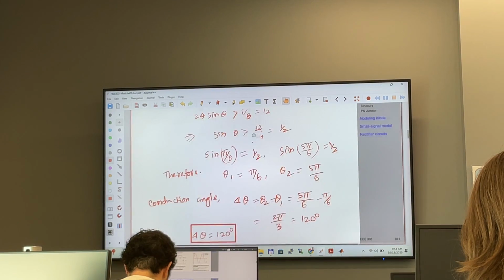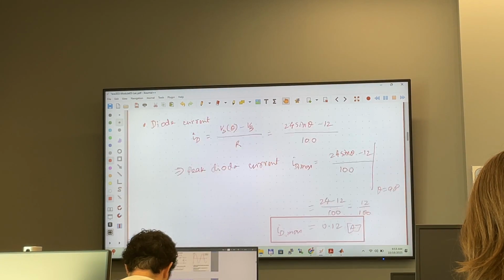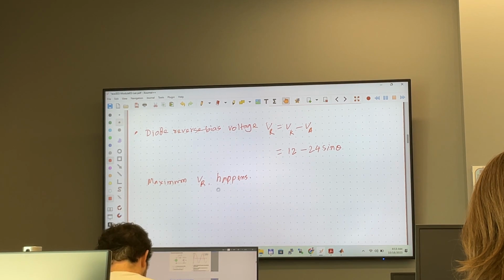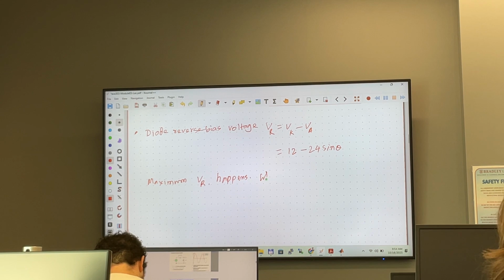So VK minus VA, that is the definition of the reverse voltage. So the diode is off. The maximum reverse bias voltage here happens when Vs equals 24 sin theta equals negative 24.